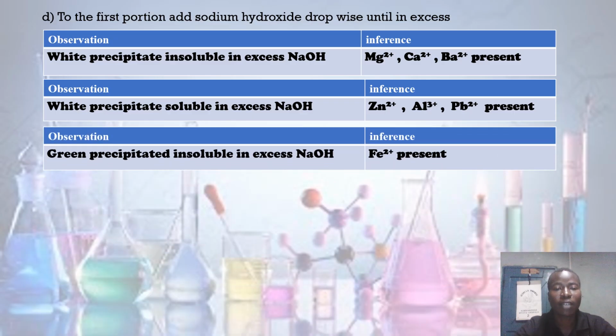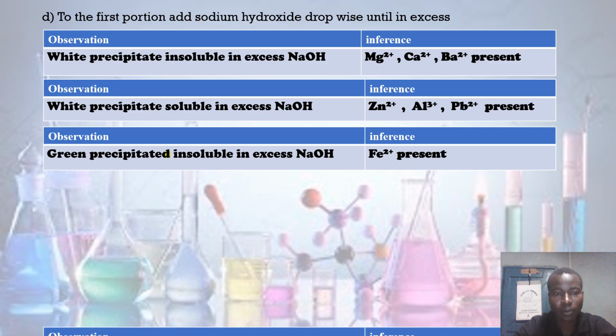And if you have a green precipitate insoluble in excess sodium hydroxide, you have iron 2 ions being present.